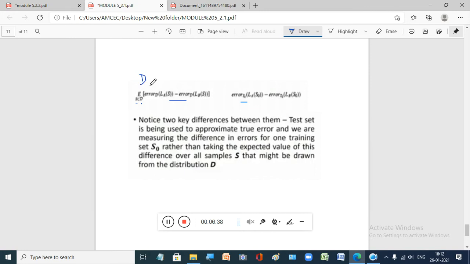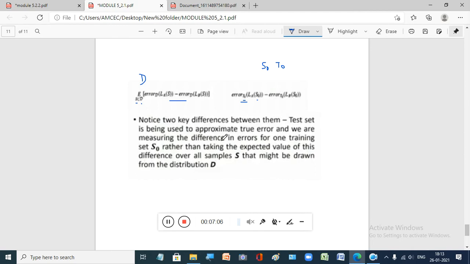Now the error difference is the true error of T0 for L_A trained on S0, minus the true error with respect to algorithm B. Those are the two differences you can see. The test set is used to approximate the true error, and we are measuring the difference in error for one training set S0.